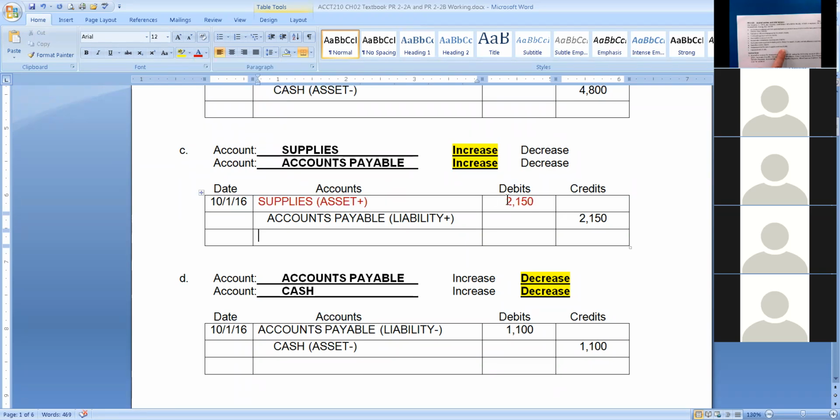Now it says that we used them up, 1,300 of them. So we have to take some supplies out of this account, right?